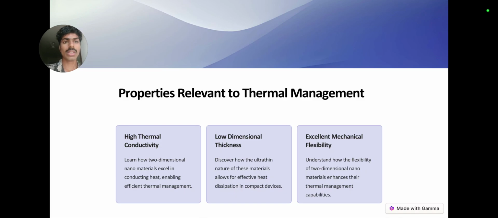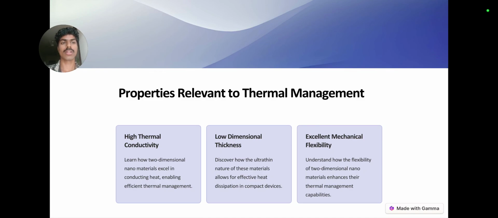These are the properties relevant to thermal management. High thermal conductivity. Learn how two-dimensional nanomaterials excel in conducting heat, enabling efficient thermal management.